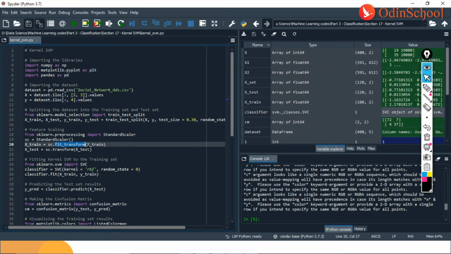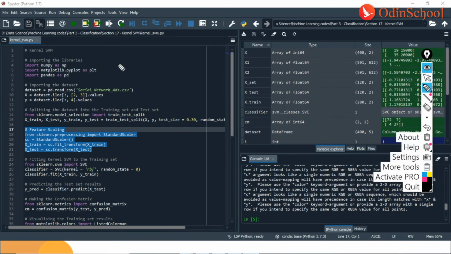Now that we have understood the basic differences between pre-processing and standard scalar, let us now go further. So let me just again try to summarize from the beginning.